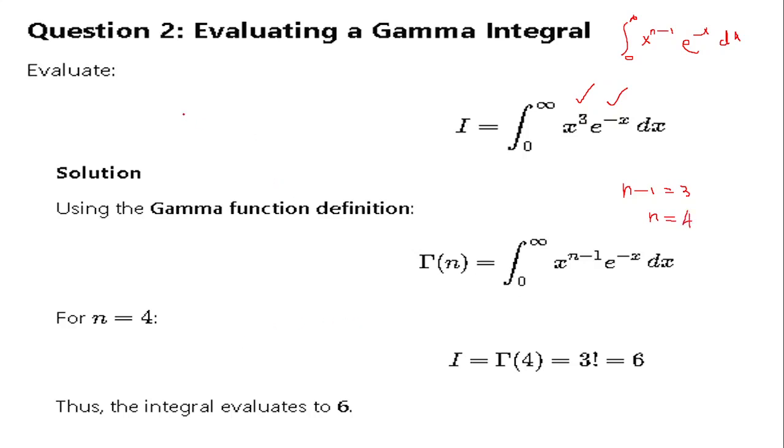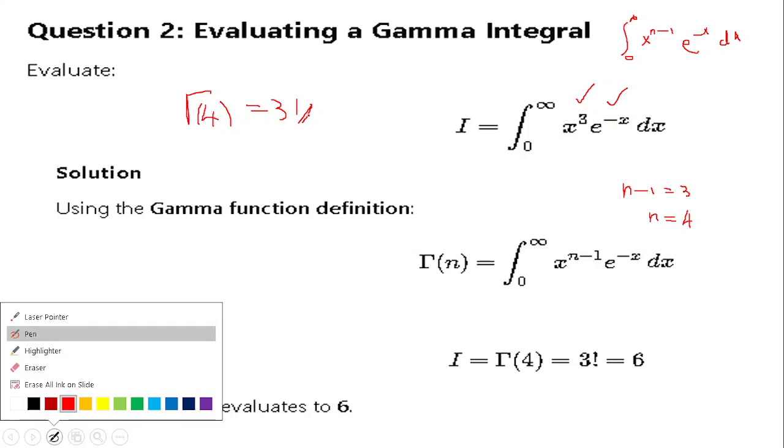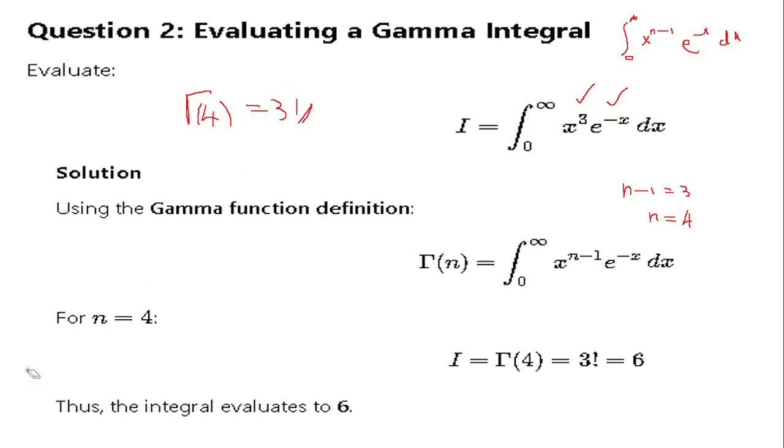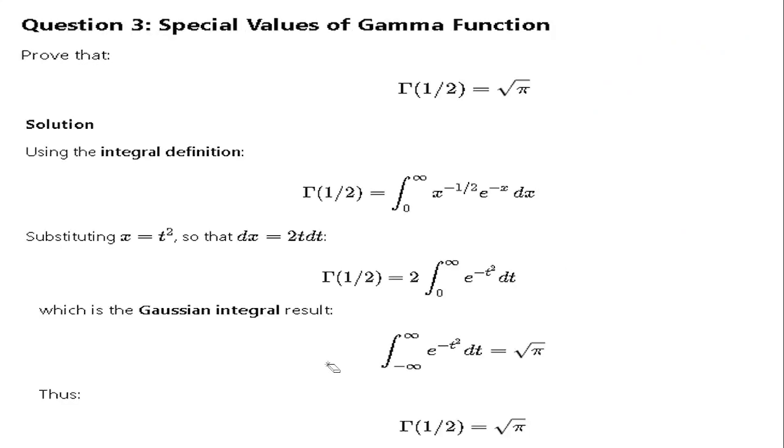So we are just looking for gamma of 4, which is 3 factorial. And 3 factorial is equal to what? 6. Right? Yes, sir. So this one is very straightforward. The answer is 6. Now everything here is straightforward.